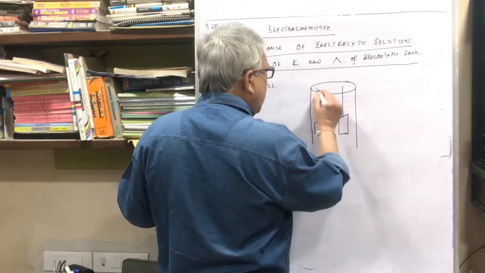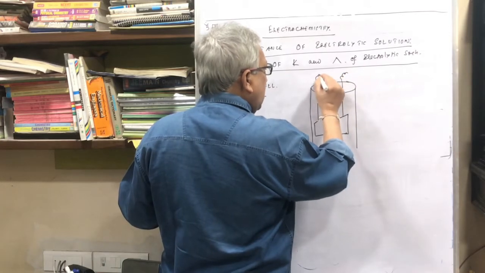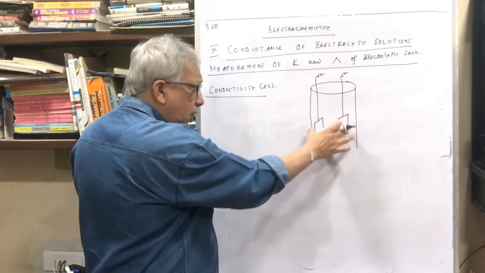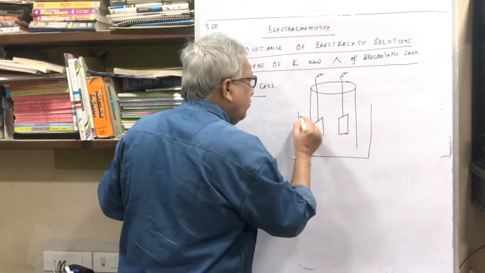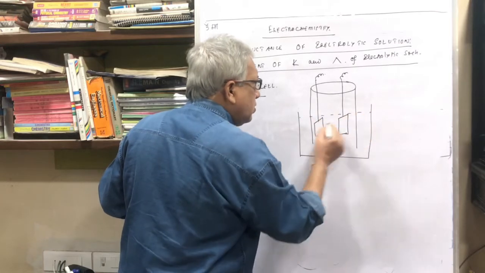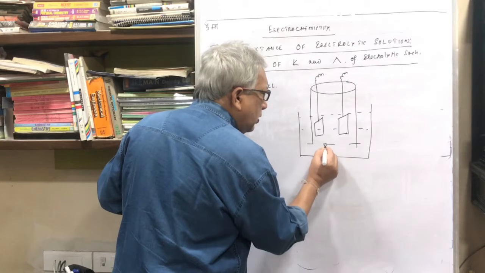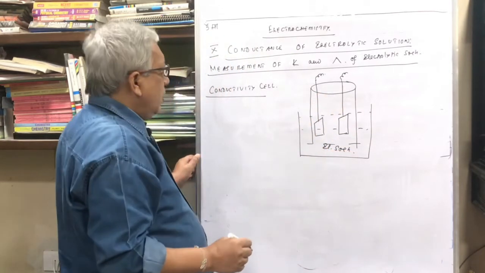So it is coated with platinum black, and this is the platinum electrode which is inserted into the glass tube. This is dipped in the electrolytic solution, of which you have to find out the resistance, conductivity, whatever. Is that okay?